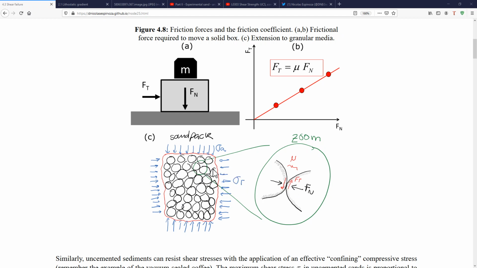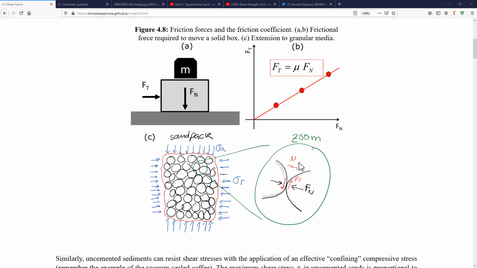And what is going to happen in this sandbag is that the higher the effective stresses that are pushing the grains next to each other, the higher the normal forces are going to be also between grains. And the higher the normal forces are between grains, the higher is going to be the force in friction needed to move this grain with respect to the other.